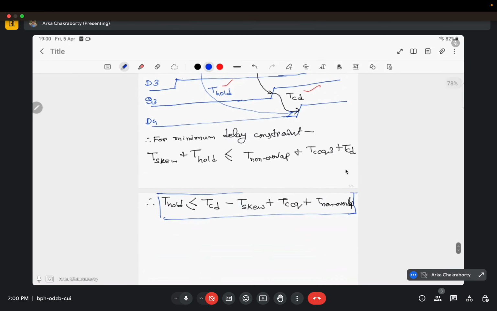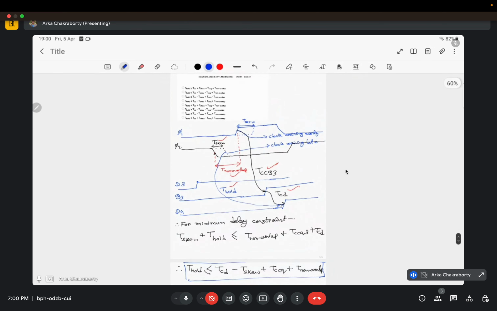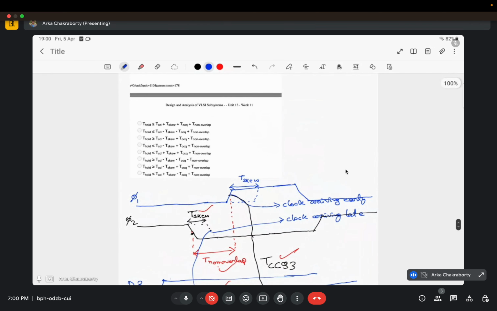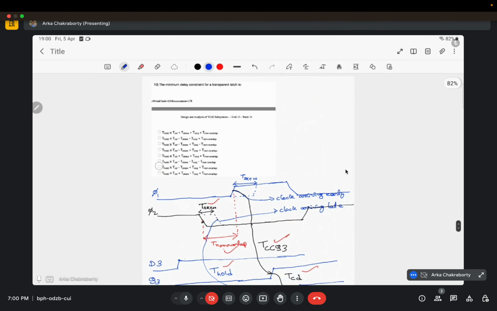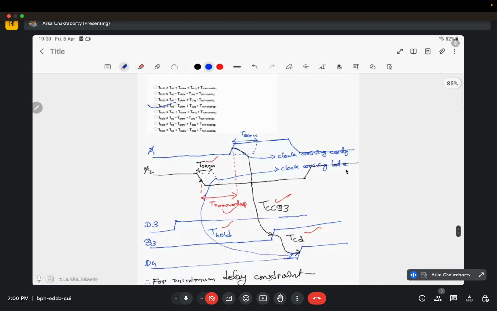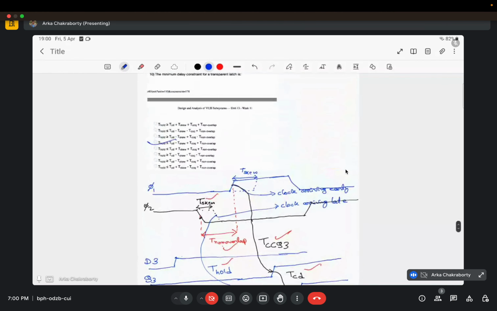So let us check the condition. T hold is less than TCD minus T skew. This is the correct answer. T hold is less than equal to TCD minus T skew plus TCCQ plus T non-overlap. Clear?